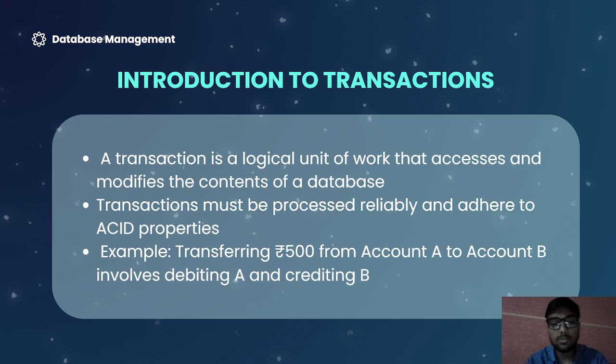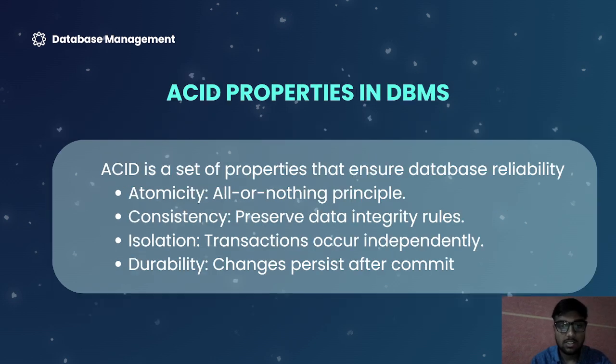It sounds simple, but under the hood multiple operations are happening. You debit one account and credit another account, and all this happens reliably. So that works on the ACID property. Now into the play, ACID properties come.